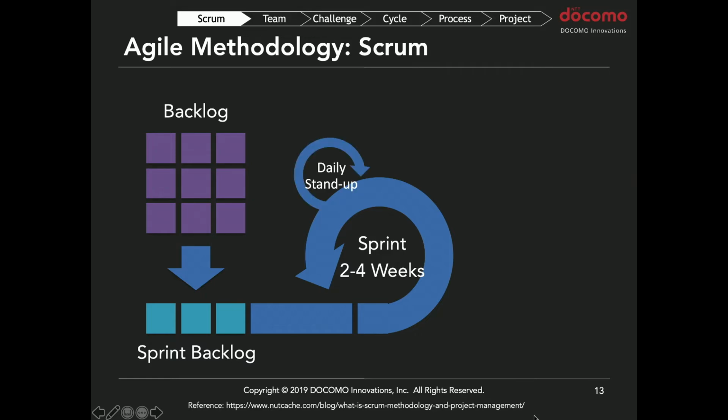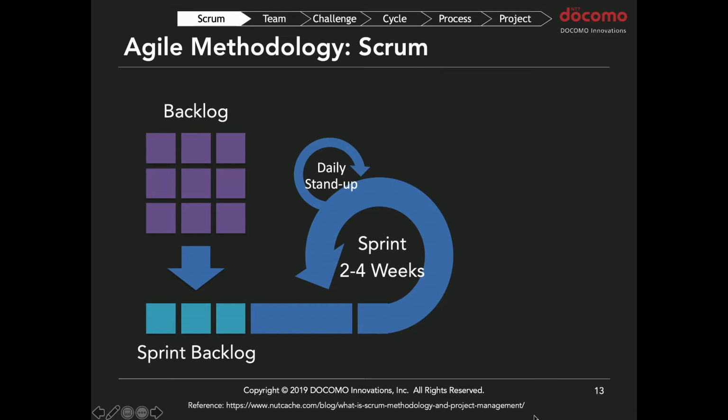In the Scrum Agile development methodology, we should have a daily stand-up. If we have the team members in our office, we can have a daily stand-up meeting at the beginning of our work, for example at 9 o'clock or 10 a.m. in the morning.